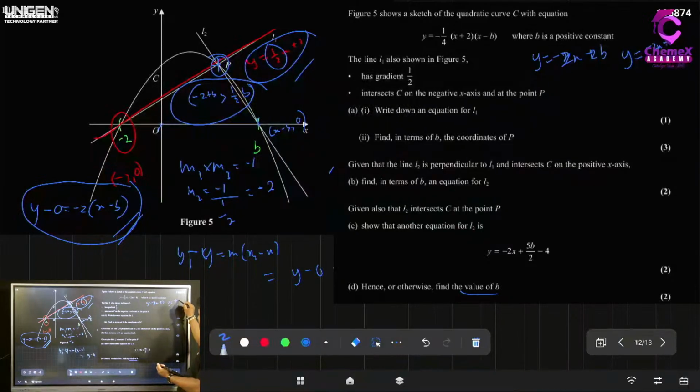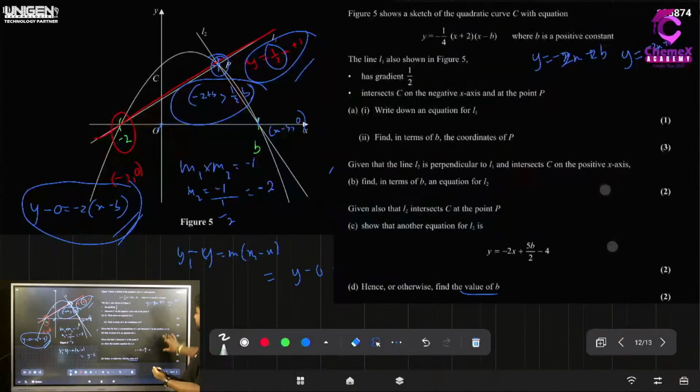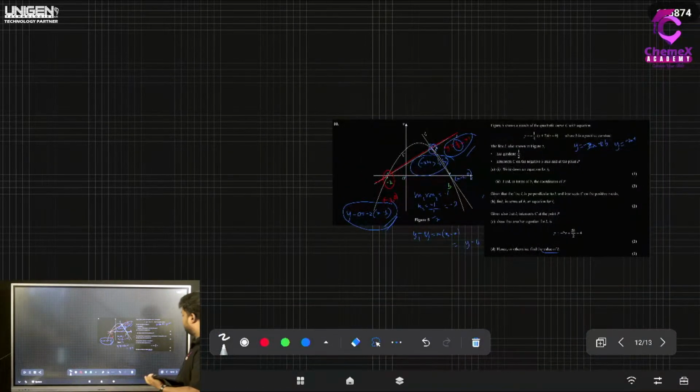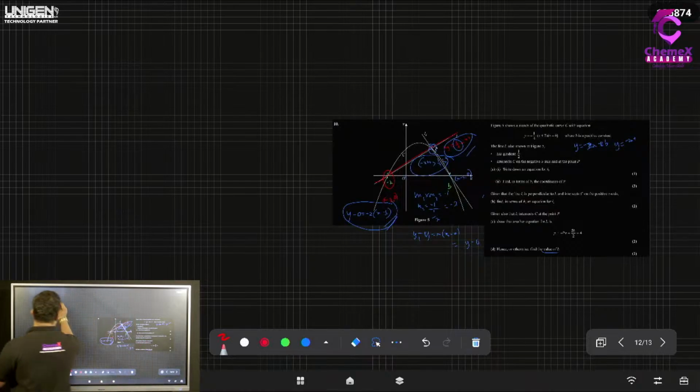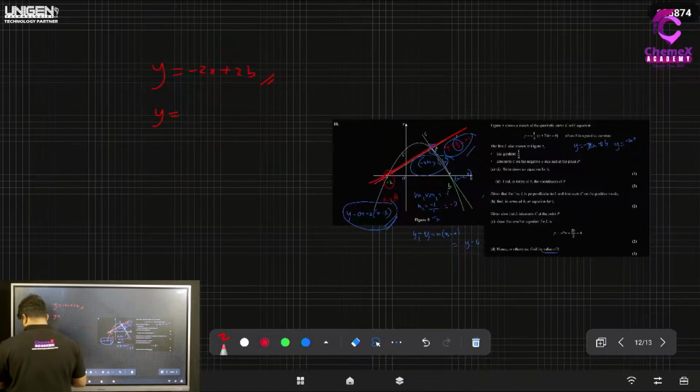Shall I take another page and do this? We have one more part there, because this is going to be complicated if I do it here. So y equals minus 2x plus 2b, that is the equation we just formed. At that point y equals the straight line we found, and the curve also cuts at that place.